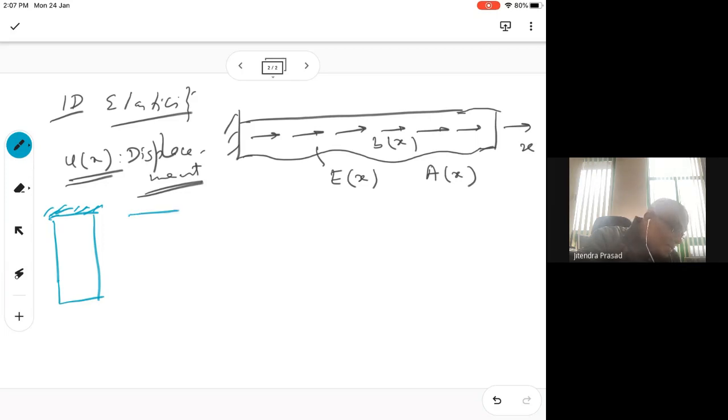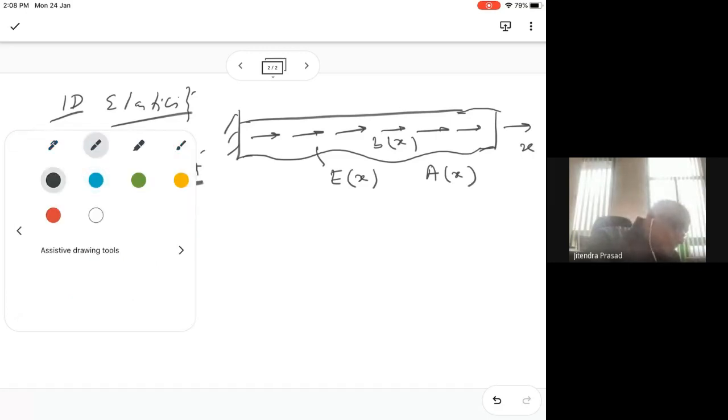At the end there will not be any tension, but here there will be the highest tension, because everything below this point is hanging from here, so maximum force will be here and minimum force will be at the bottom. So that is what Bx is. Bx at the bottom will be 0 and it is linearly changing up. So this is just one example.